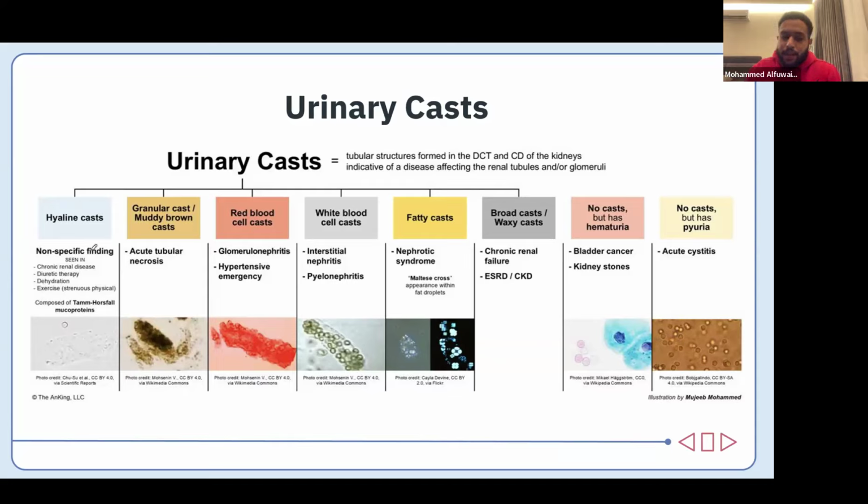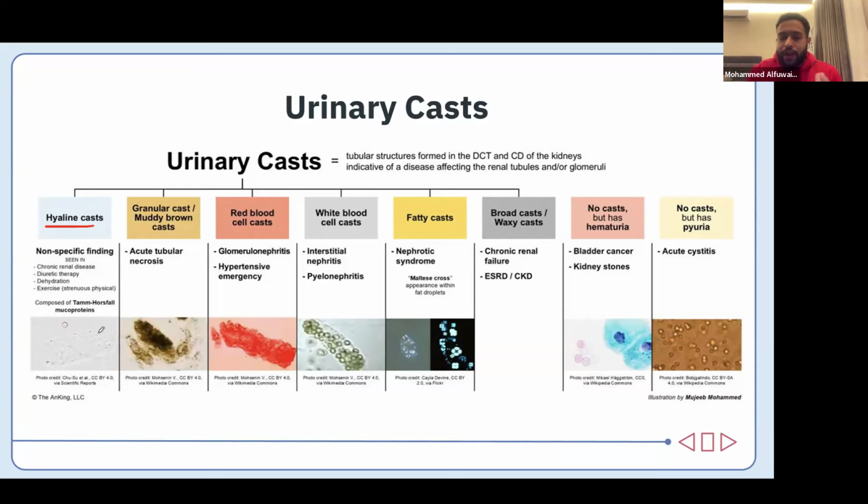Number one is hyaline casts. Hyaline casts are very non-specific. It's basically when there's this one protein, and that's in the tubular cells itself. It's called Tamm-Horsfall protein. If it accumulates in the distal convoluted tubule or the collecting duct and it gets pushed away by the urine, it will appear as hyaline casts, these clear casts in the urine. These are non-specific.